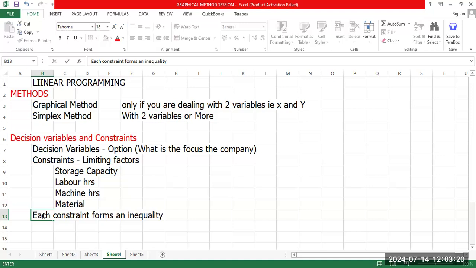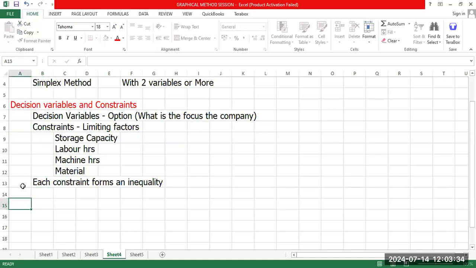So if you have 4 constraints, those will be 4 inequalities, and 4 inequalities are going to help you come up with 4 equations at the end of it all. So once you differentiate between decision variables and constraints, you will be good to go.